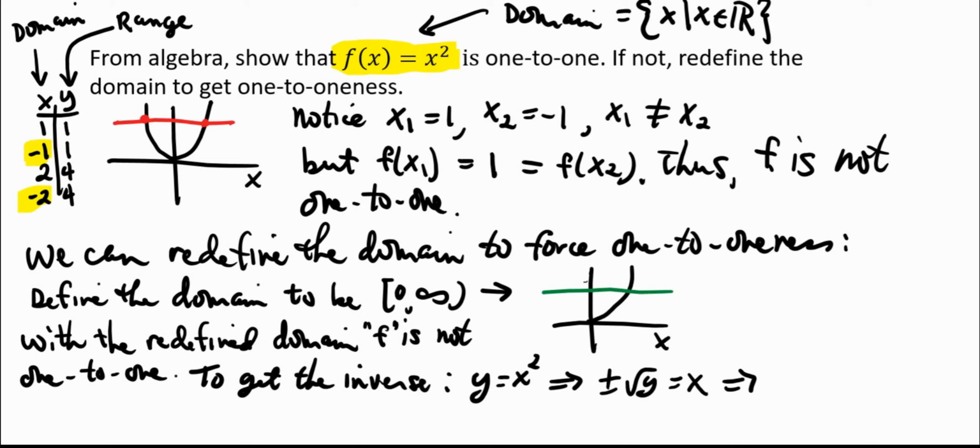We change y to x. We change x to f inverse. f inverse of x is equal to just the square root of x. We don't need the negative because you recall that the domain of f is the same as the range of f inverse.